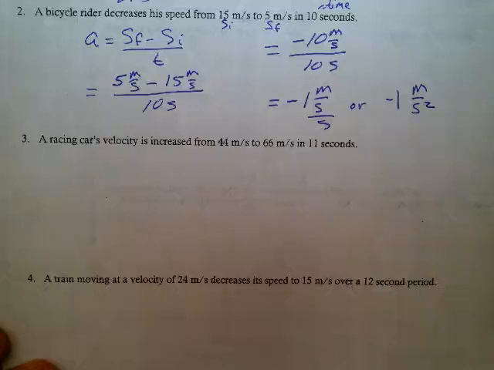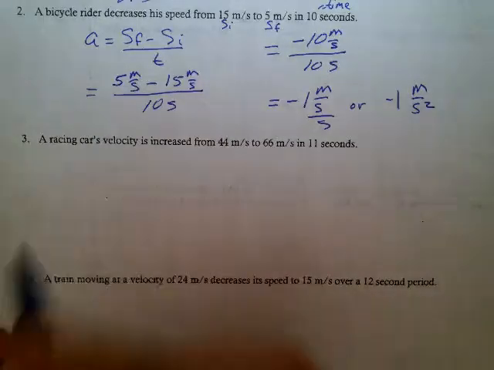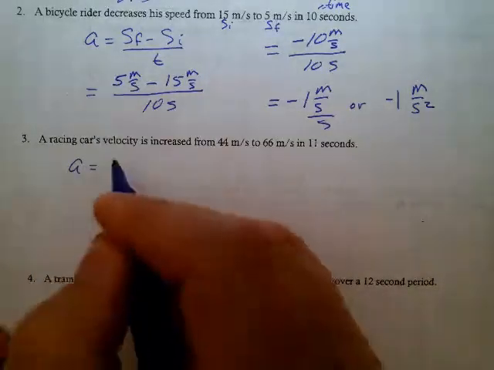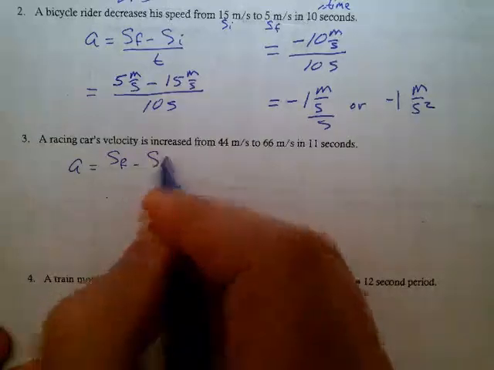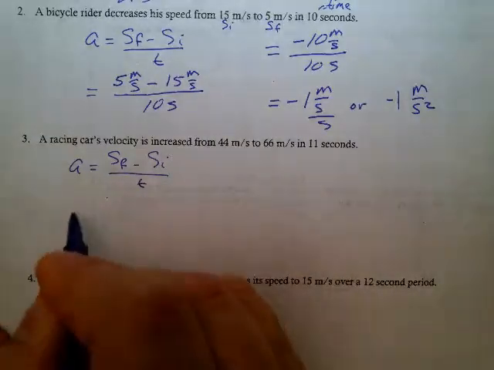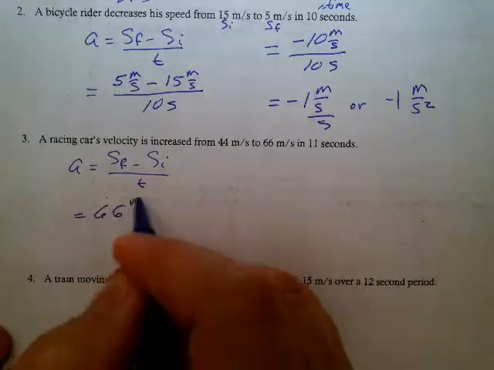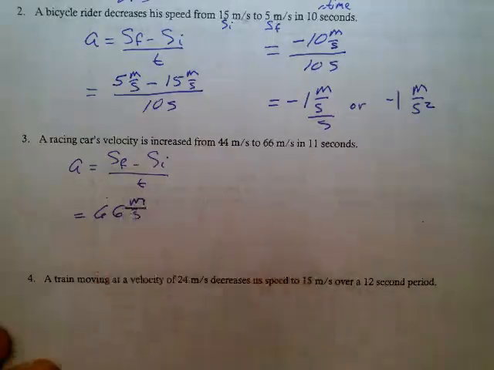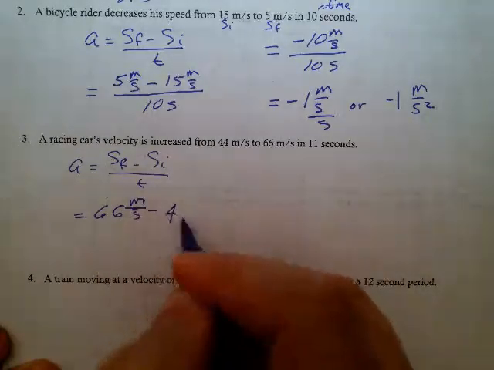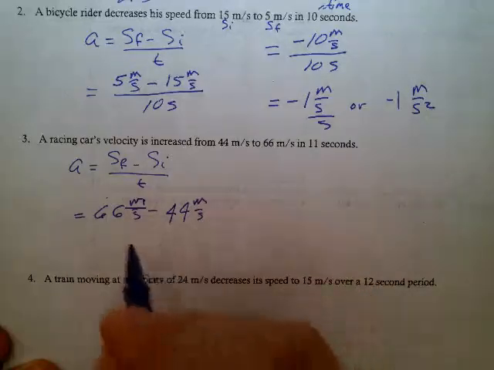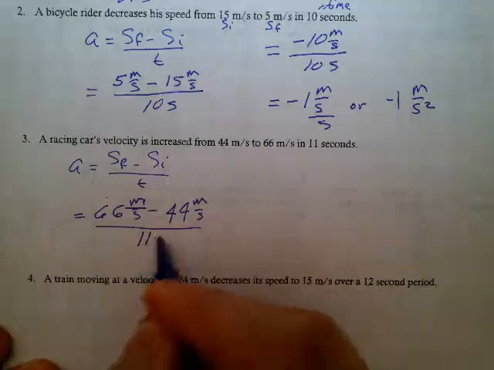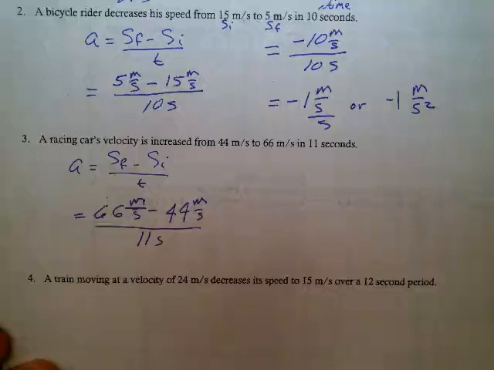A racing car's velocity is increased from 44 meters a second to 66 meters per second in 11 seconds. So here we go. Acceleration is speed final minus speed initial divided by time. That's going to be 66 meters per second minus 44 meters per second, and we're going to divide all that by the 11 seconds that it took.